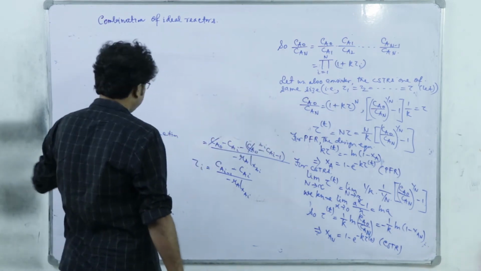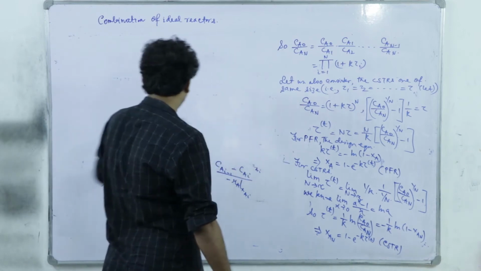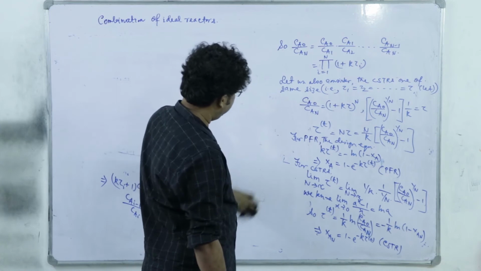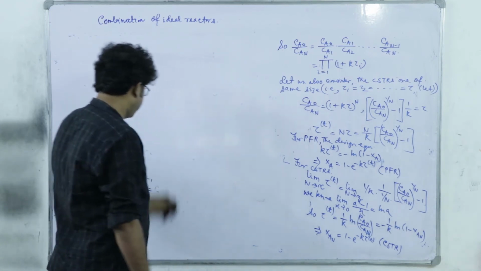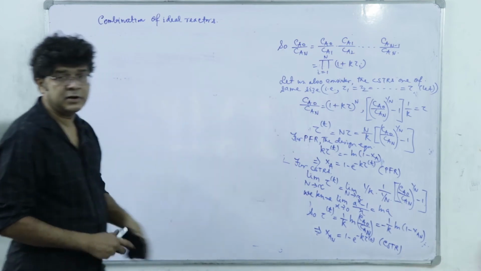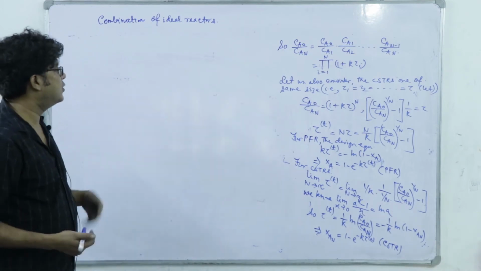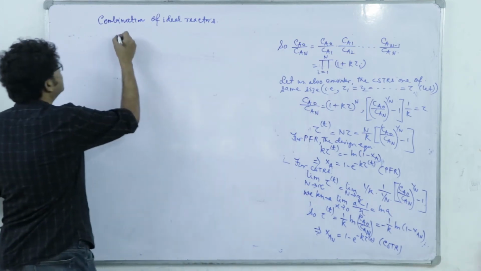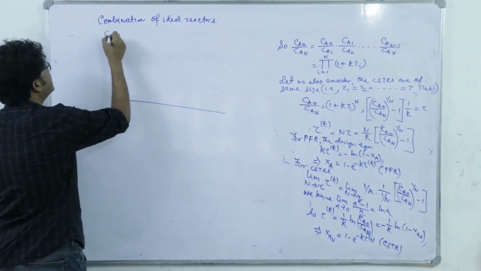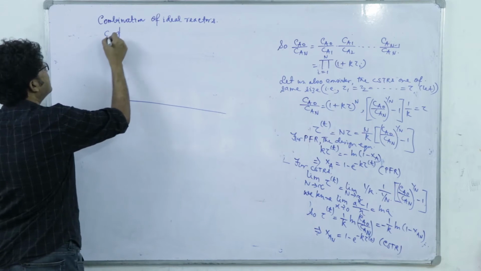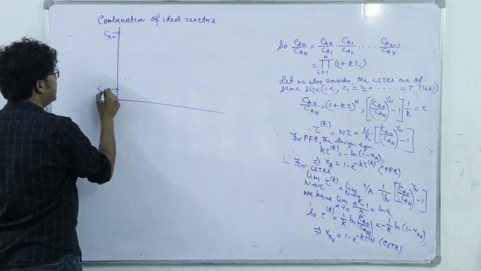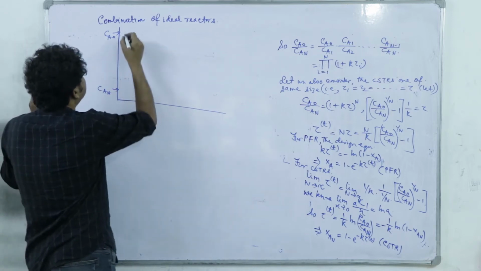So the performance is improving upon combining CSTRs in series, because we know that for a positive order reaction the volume requirement of a CSTR is higher than that of a PFR. So theoretically, you see, here I have Ca0, here I have Can, right?